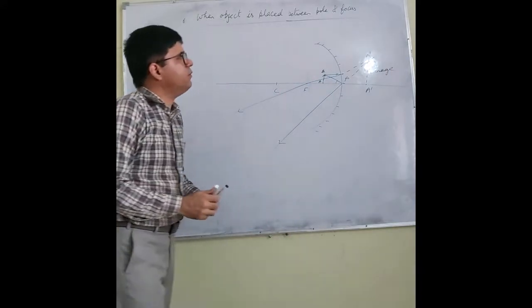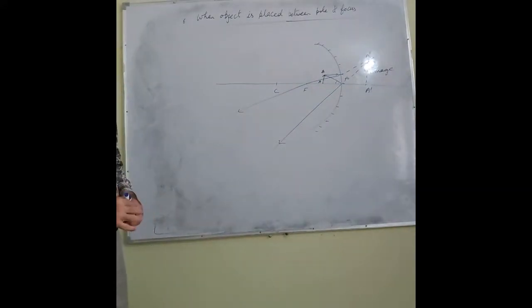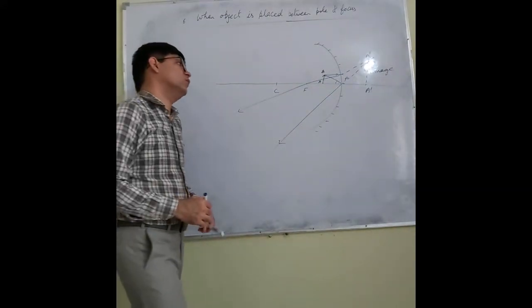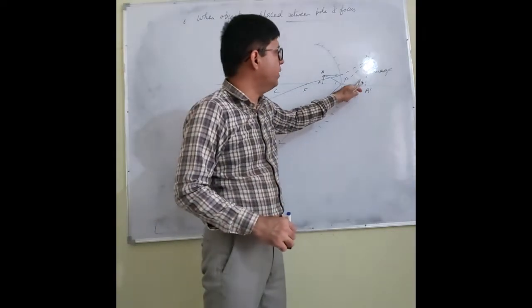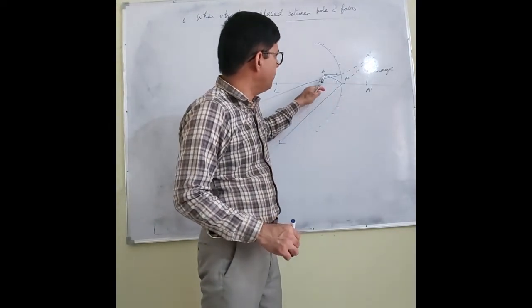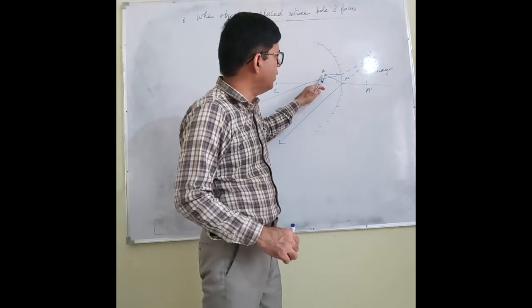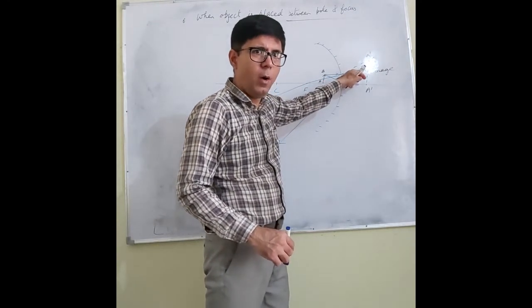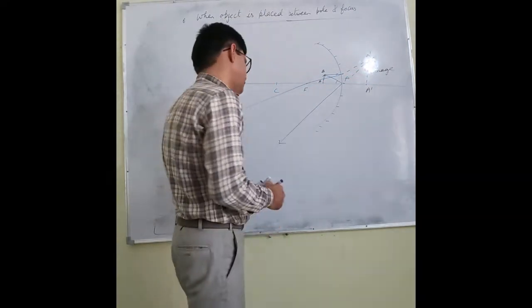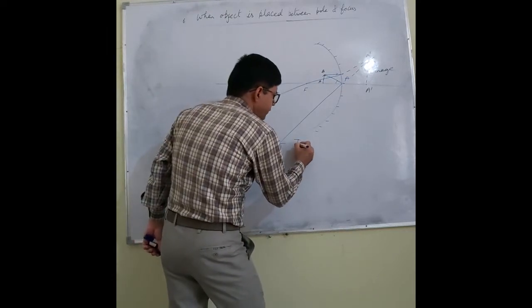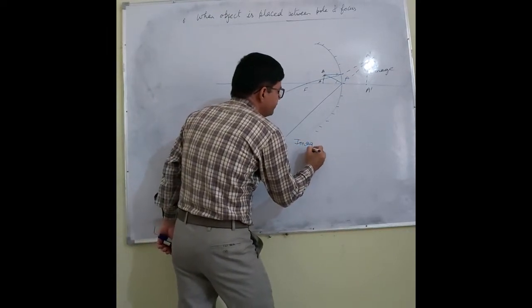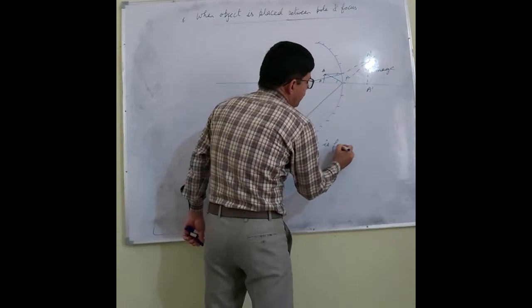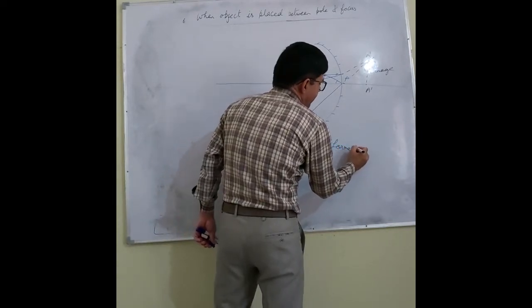So here rays of light after reflection appear to meet. So what type of image is it? Virtual image. Now its arrow is on the top. Here arrow is also on the top. So image is erect. Where is it formed?